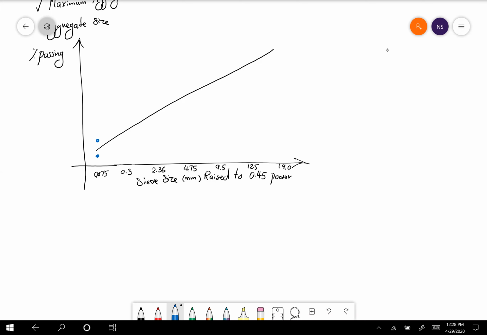And then there are these control points that you need to be within. There are 2 control points for sieve number 200. There are 2 other control points for sieve size 2.36. There's one for 9.5, up here.